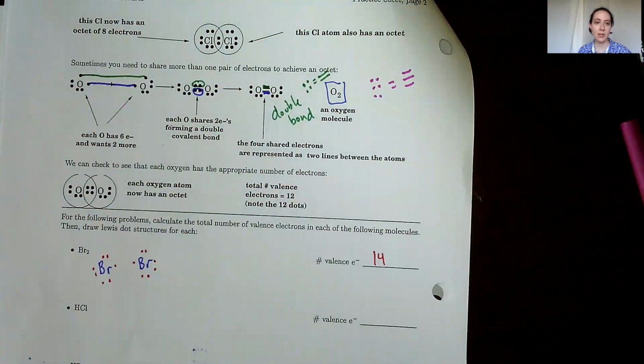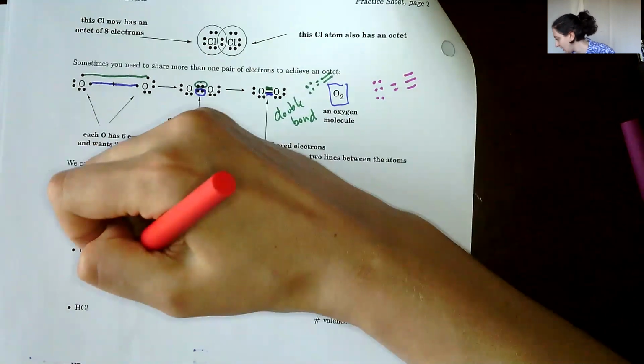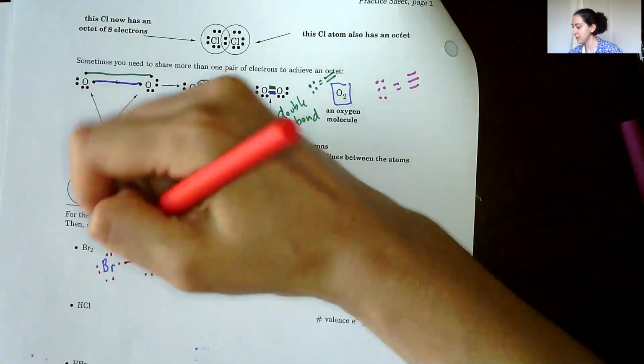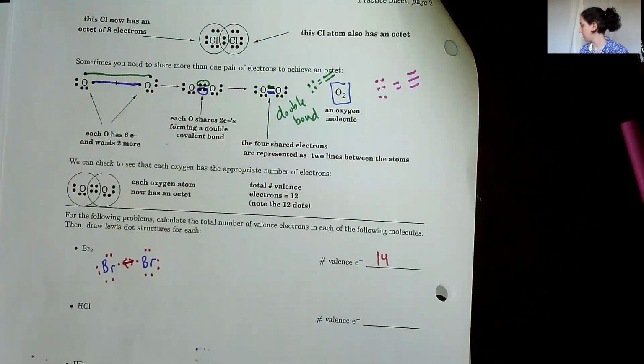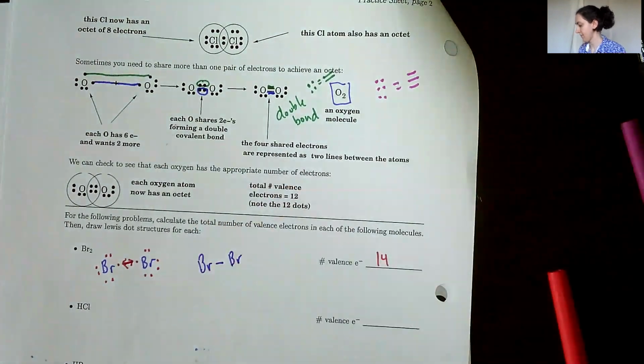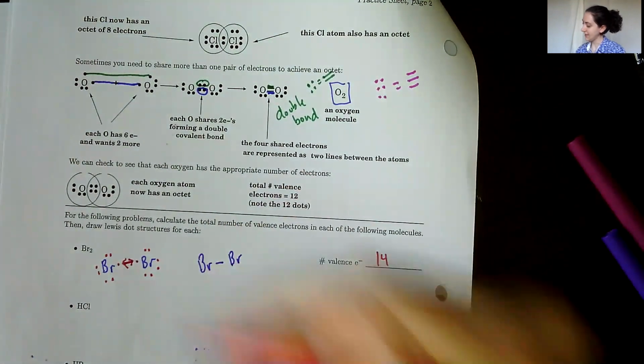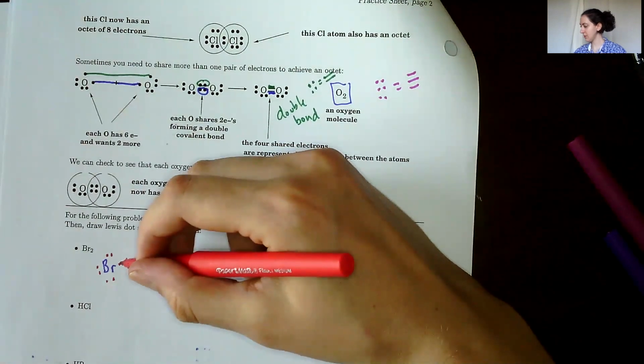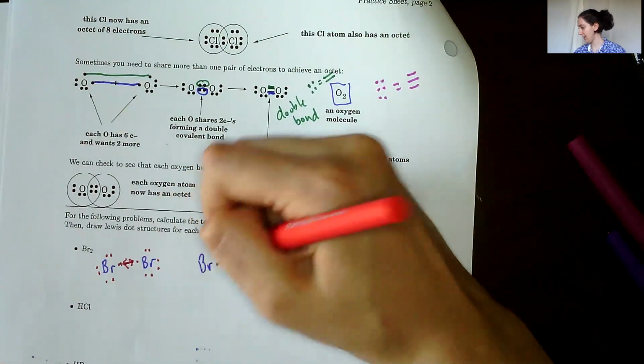Okay. So now we just have to bond them together. It looks like these 2 electrons here are the ones that can get shared. So once we do that, that's the bond.